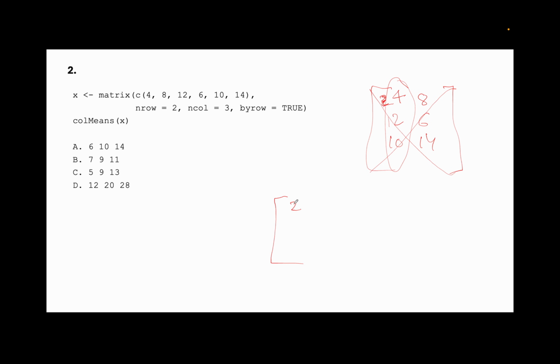So the answers are 4, 8, and 12 for the column means. Yes. This is the correct matrix, 2 rows and 3 columns, so option C will be the answer. Yes.